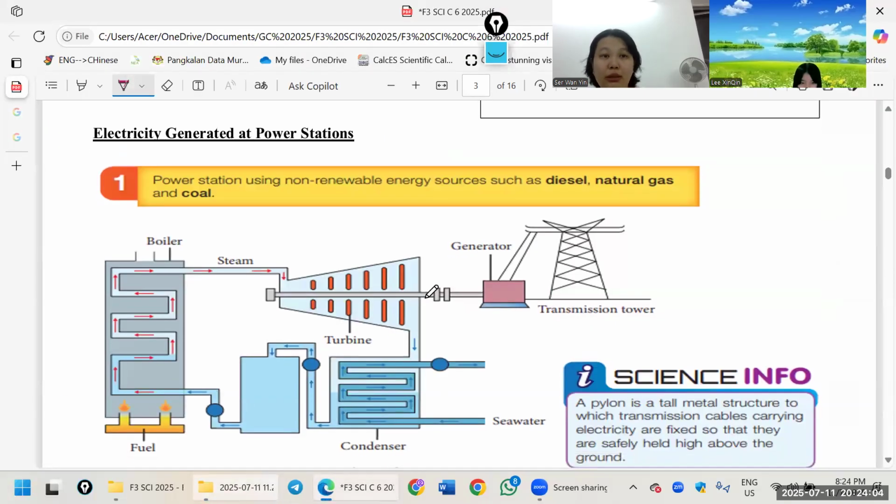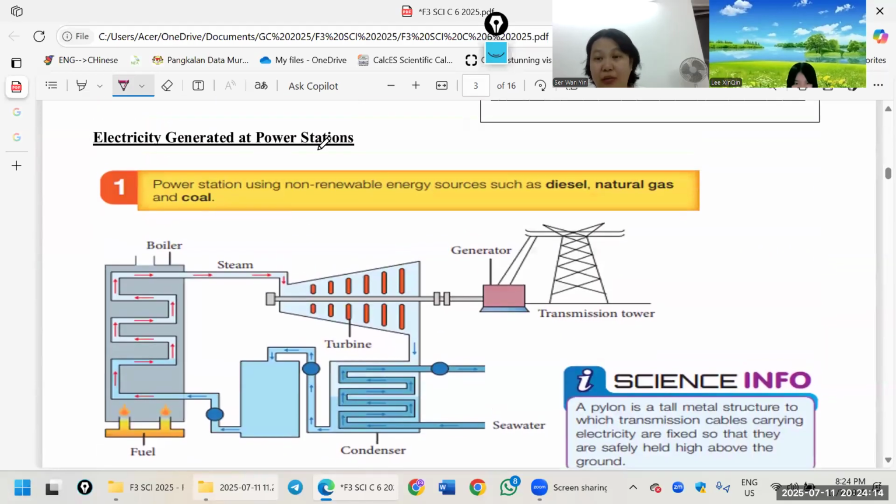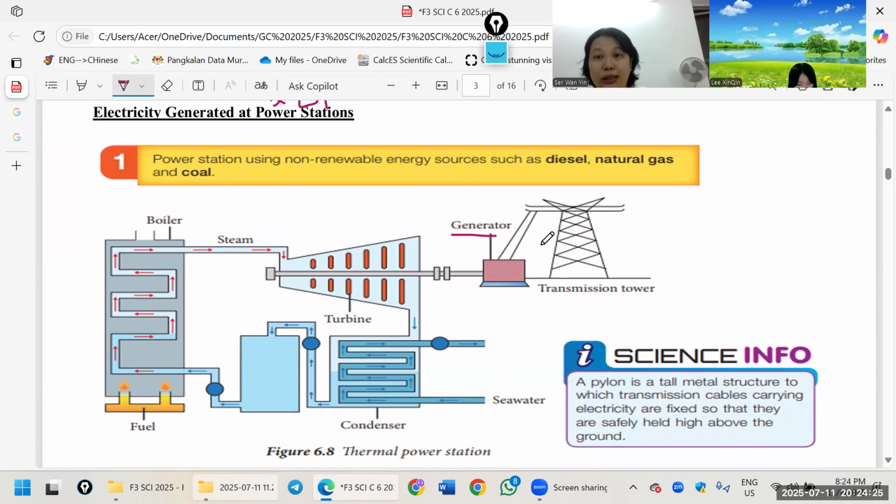Okay, next we are going to learn how electricity is generated at power station. Like we observe first, all of the power plant, power station means it generates electricity. So most got a generator.